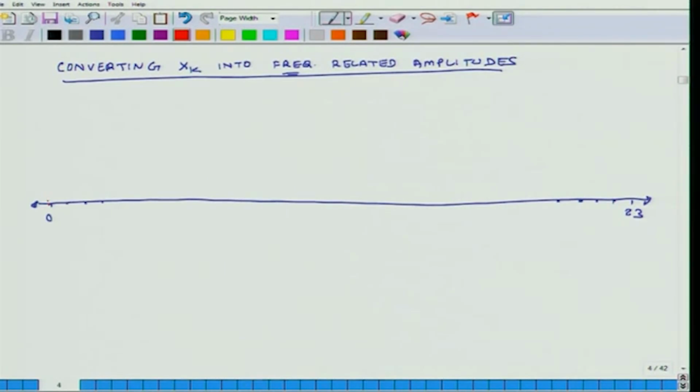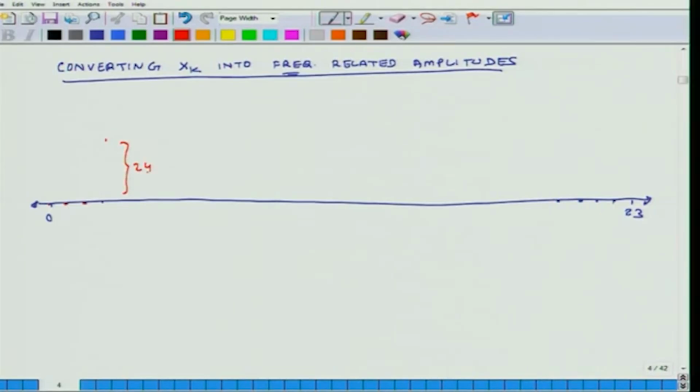At k is equal to 1, the value was still 0. At k is equal to 2, this is my vertical axis, it was still 0. At k is equal to 3, we found that the value was 24.